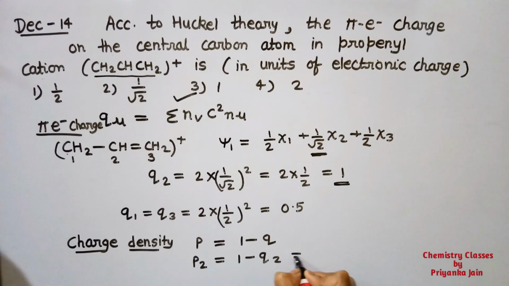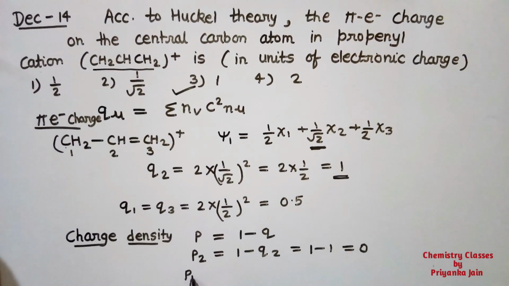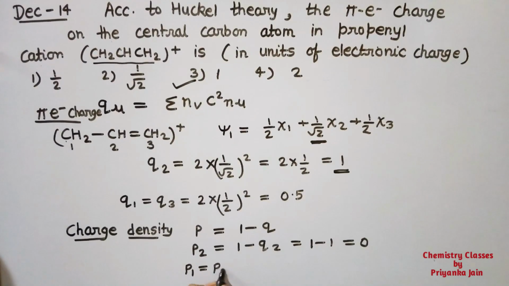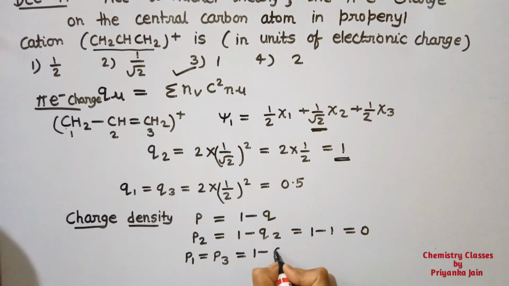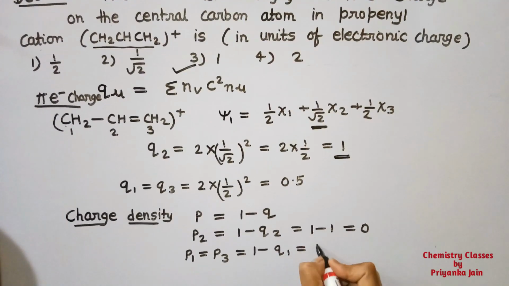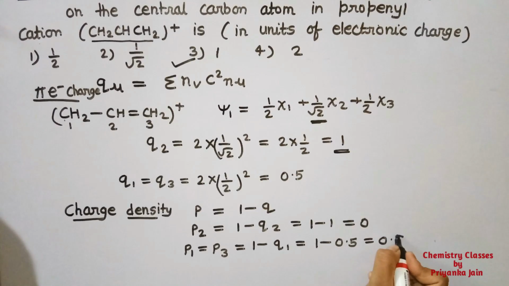It means 1 minus 1, that will be equal to 0. Similarly, if we have asked for the 1 or 3 number carbon atom, then P1 or P3, it will be equal to 1 minus Q1 or Q3. So it will be equal to 1 minus 0.5, or it will be equal to 0.5.